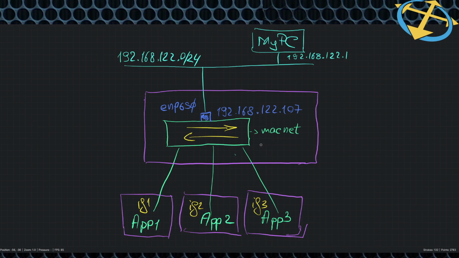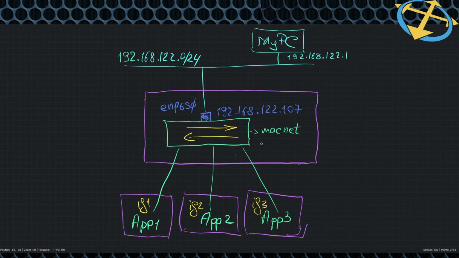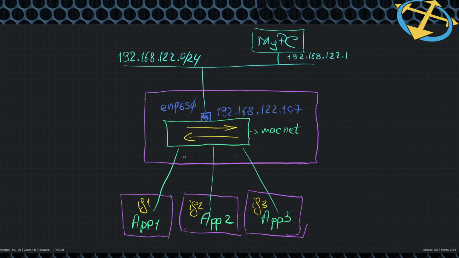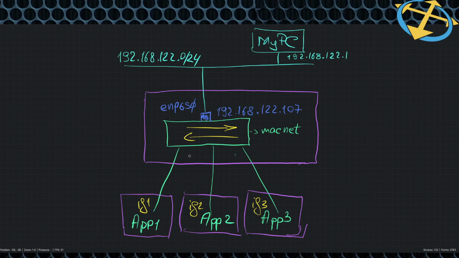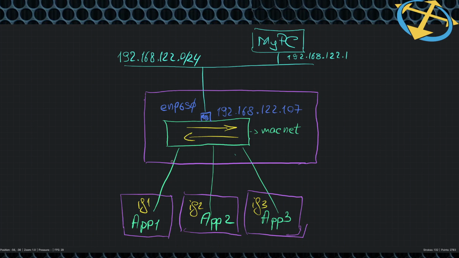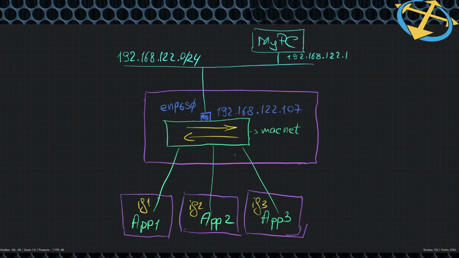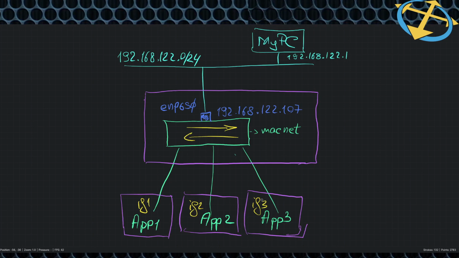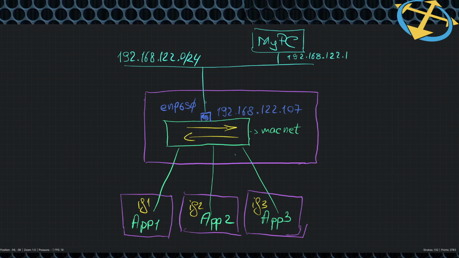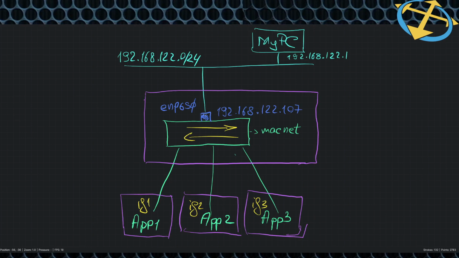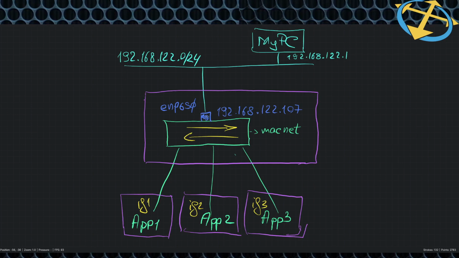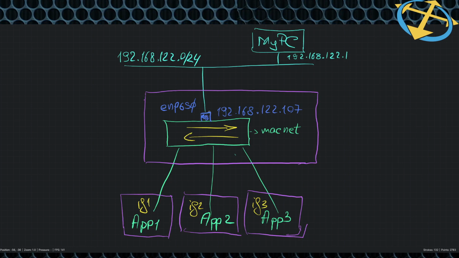So how is this functioning? It's a simple construct. The MacVLAN construct doesn't do any dynamic MAC address learning. It knows the MAC addresses of the attached interfaces, or of the slave interfaces, and on the master interface, or the parent interface, it will listen in promiscuous mode.